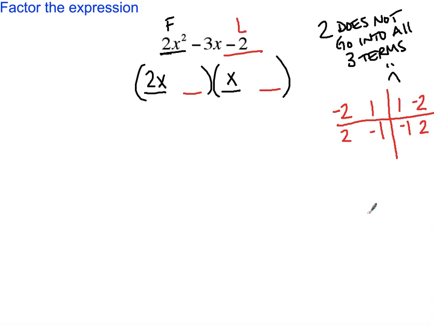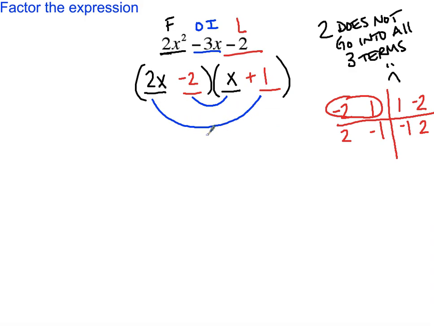We have to just try one out. So I'm going to try this first combination, the -2 and the +1. Let's see if it works. How do we know if it works? We got to check the outsides and the insides, because the outsides and the insides together need to make a -3x.